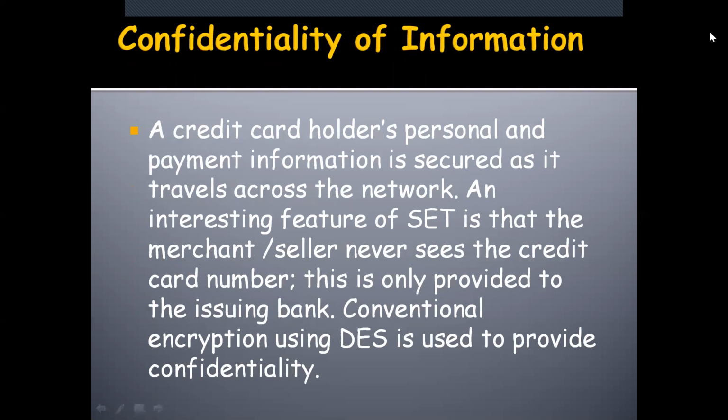There are different things that come across, so we are going to check. First is confidentiality of information, meaning how the information is going to be kept secure.